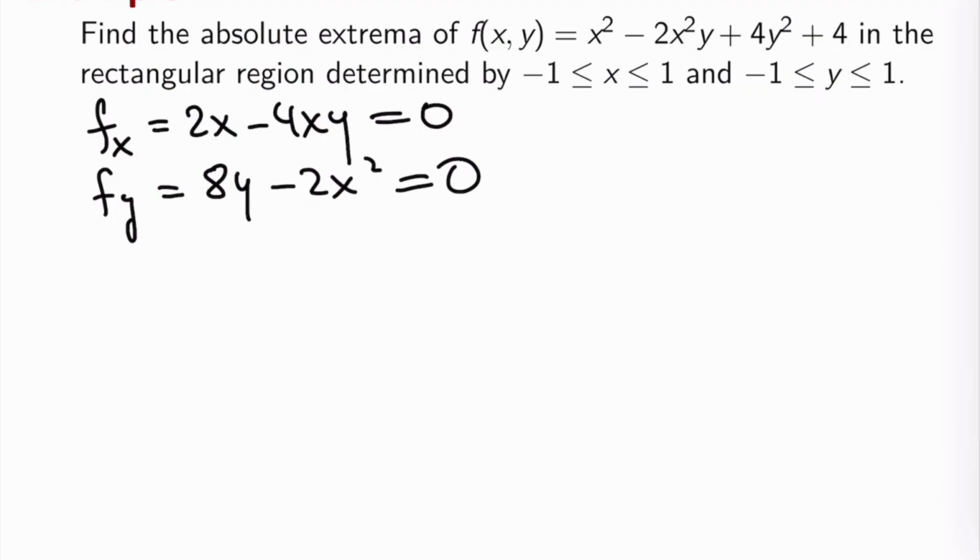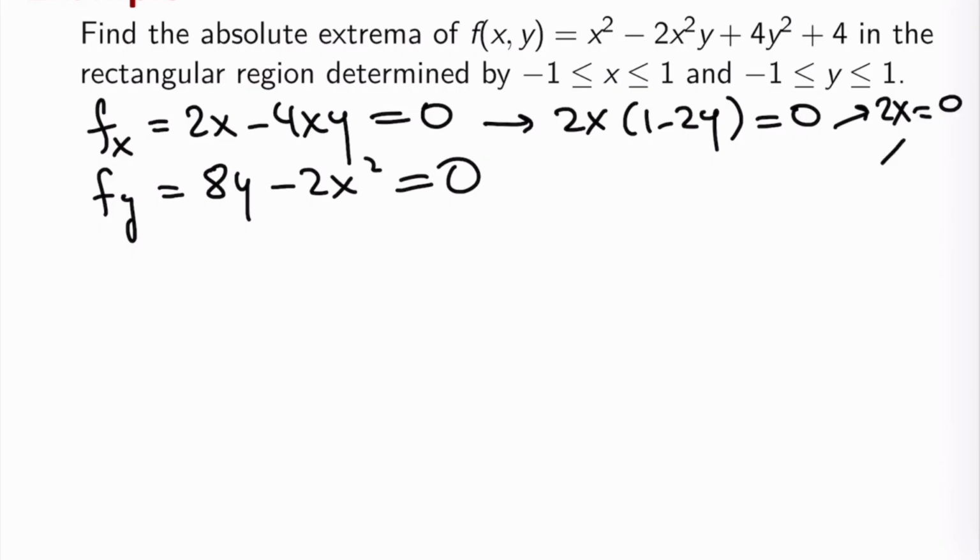So from the first one, we get that 2x times (1 minus 2y) is equal to 0, meaning that 2x is equal to 0, which gives x equal to 0, or 1 minus 2y equals 0, that makes y equal to 1/2.